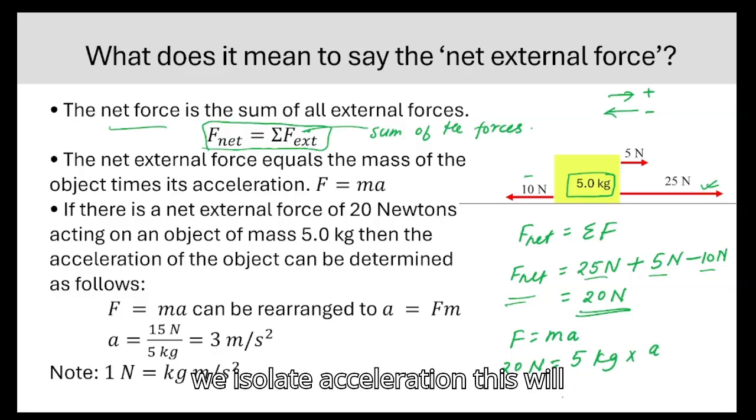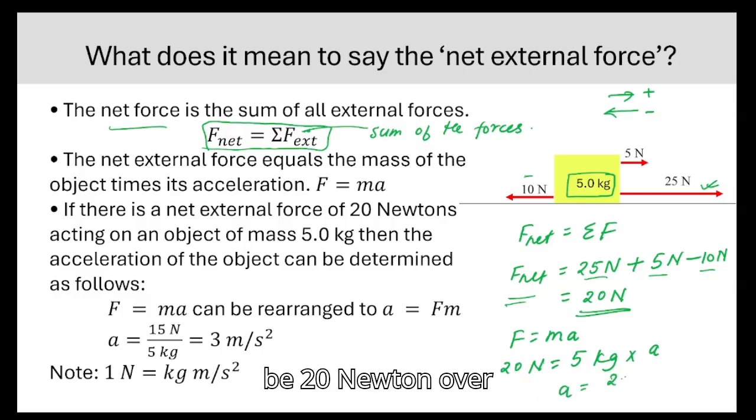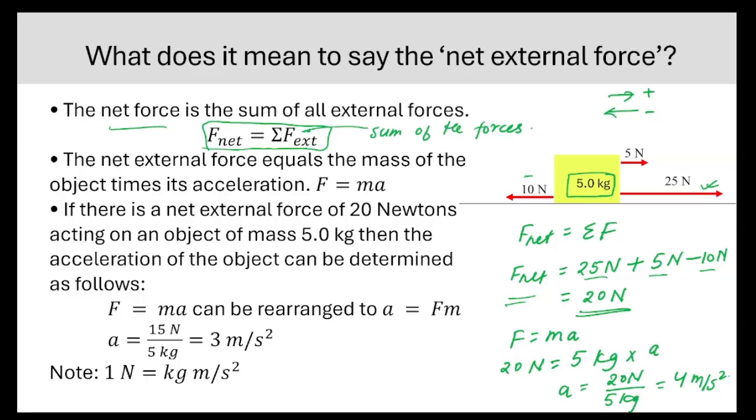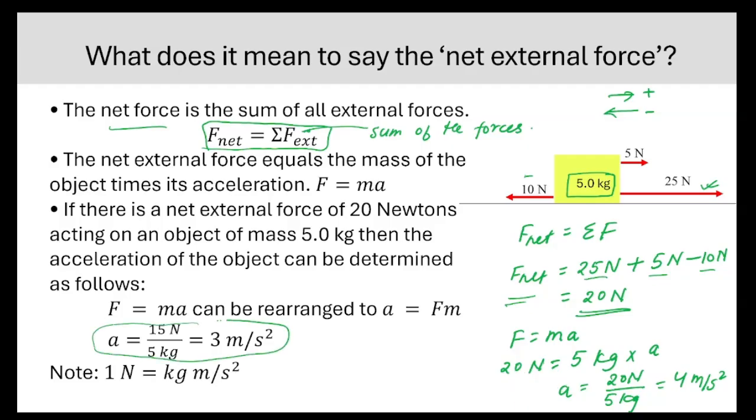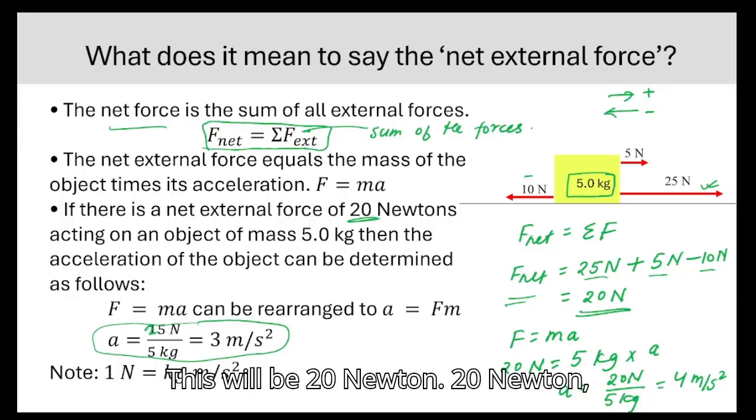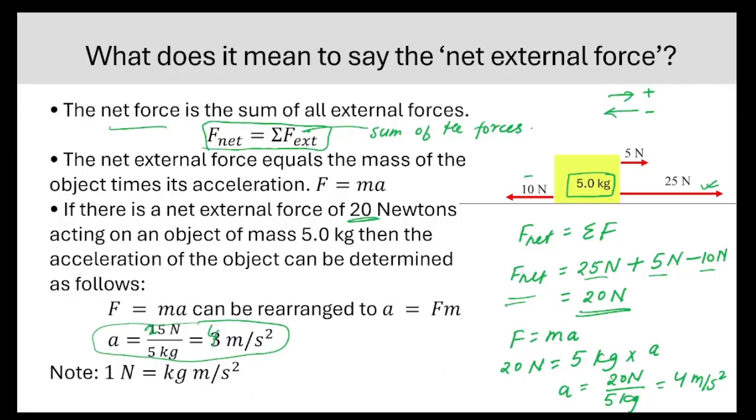If we isolate acceleration, this will be 20 Newton over 5 kilogram, which is 4 meter per second square. Sorry, this calculation was wrong before. This will be 20 Newton, 20 over 5 is 4 meter per second square.